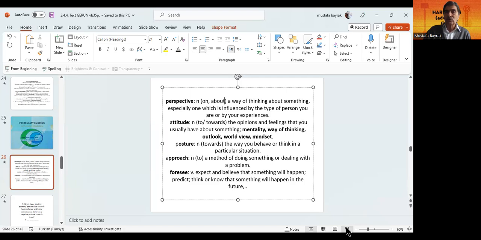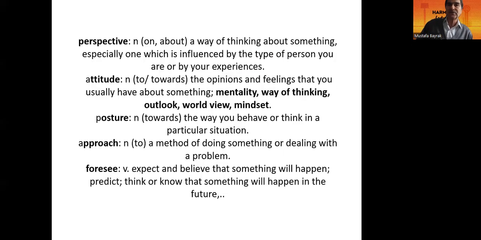For example, what's your perspective on education? What's your attitude towards education, or to education in this country? Attitude means the opinions and feelings that you usually have about something. Mentality, yeah.